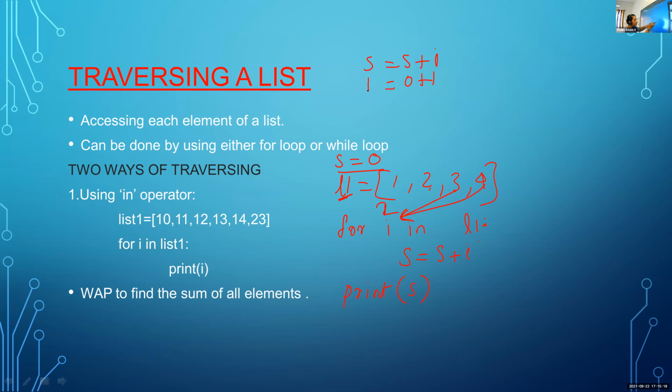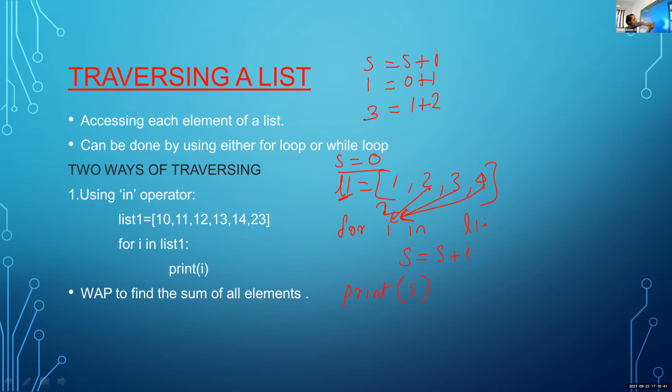Then at the time of next iteration, the I value is updated with 2. What about the S value? The new value of S is 1. So here 1 plus 2. New value of S is 3.